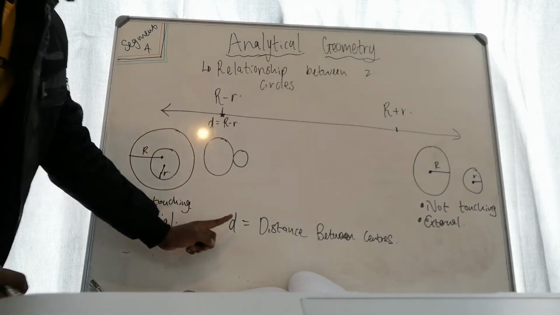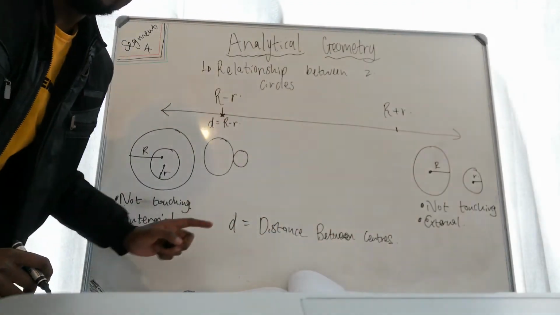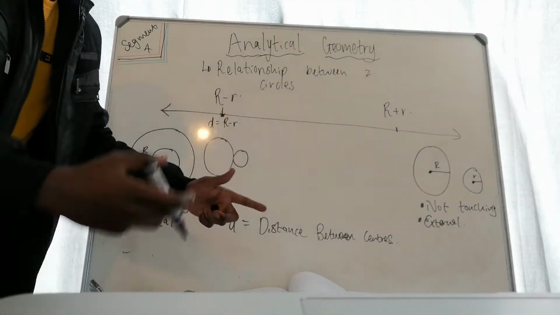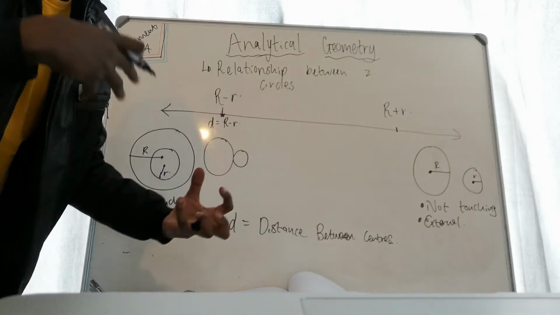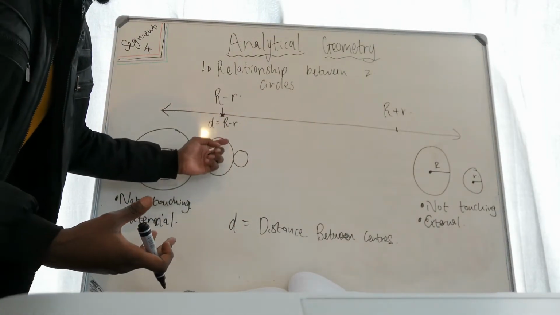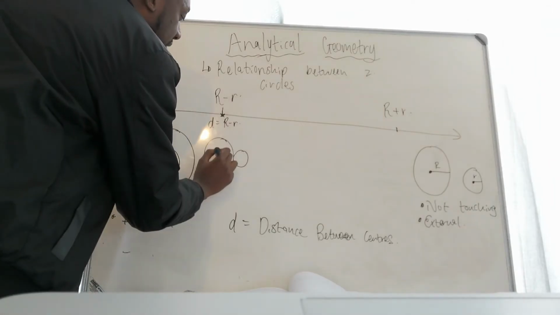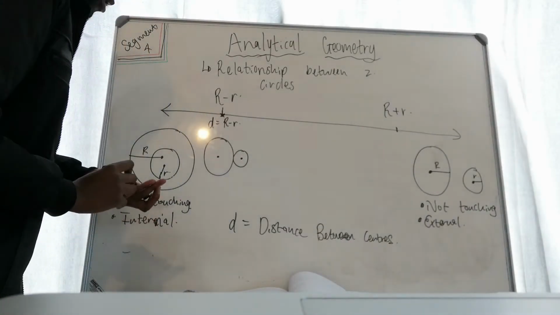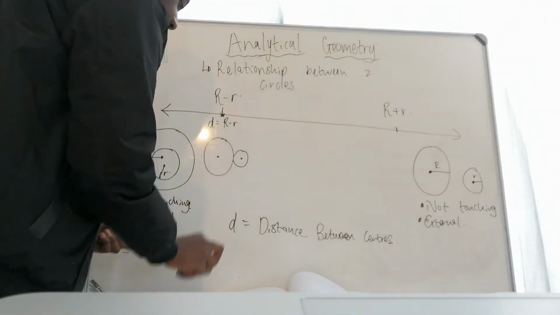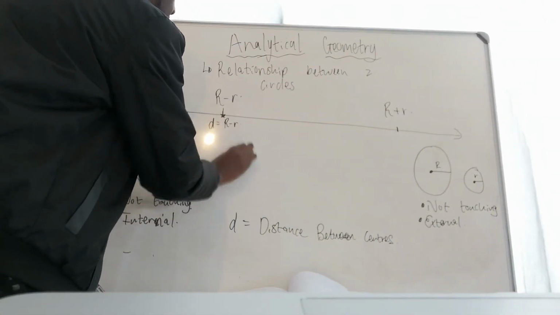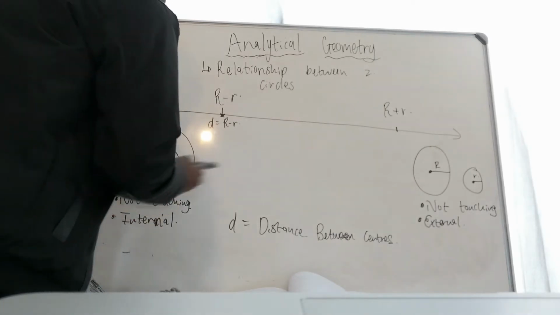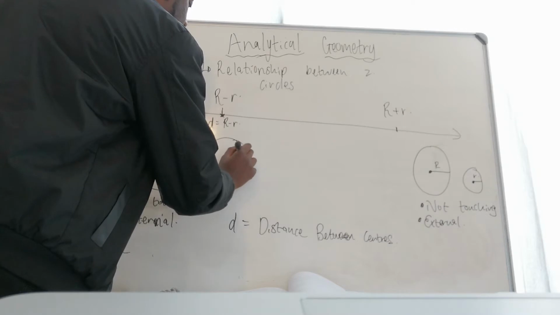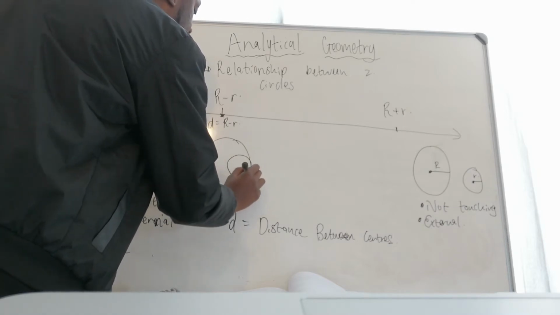So I repeat, once you've calculated your distance between the centers, and that value is the same as when you subtract the bigger radius with the smaller radius, then these circles look like this. They touch. Wait, sorry. My bad. It's the other way around. So you have the big circle and the smaller one is touching, but it's internal like that.